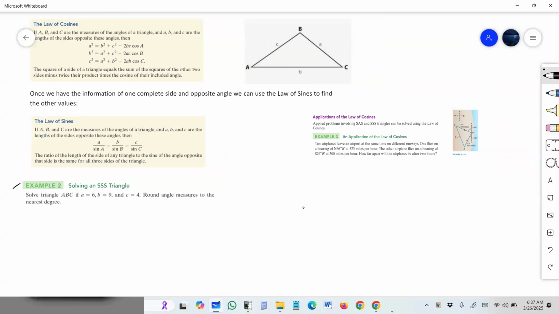In the second example, I have the second type of problem that the law of cosines solves, which is you are only given the sides. So now I have A, B, and C, and you begin by finding one of the angles. Now, this is what I suggest.